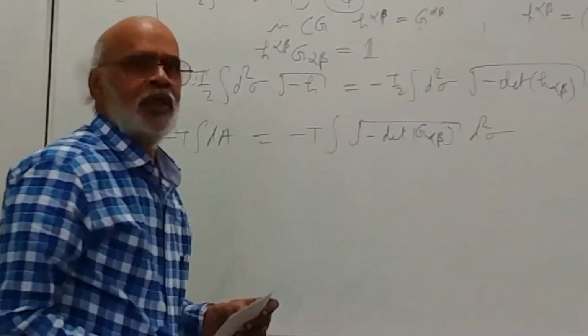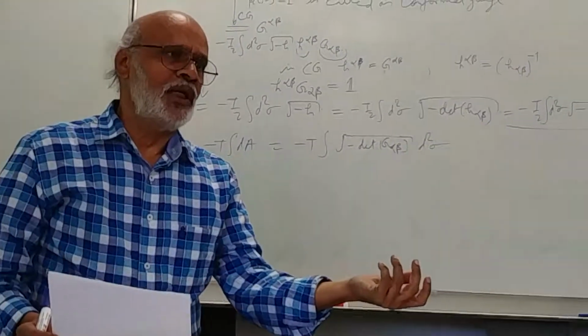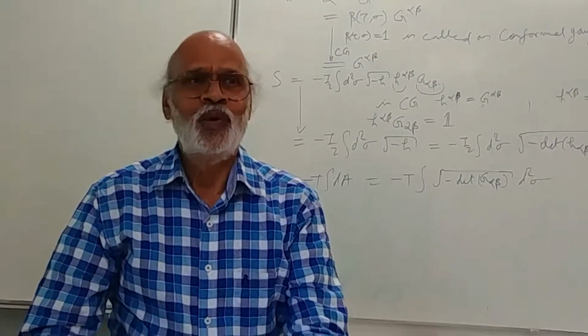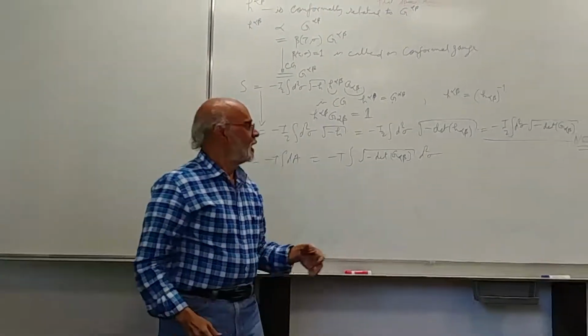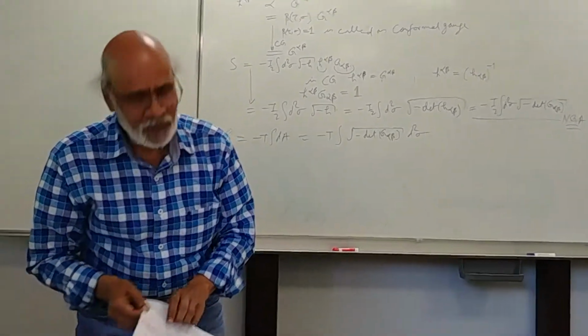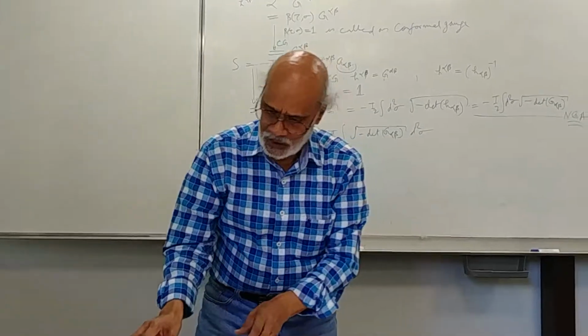So essentially you recover the Nambu-Goto action from the Polyakov action under the so-called conformal gauge, and you can say that okay, classically they are equivalent.